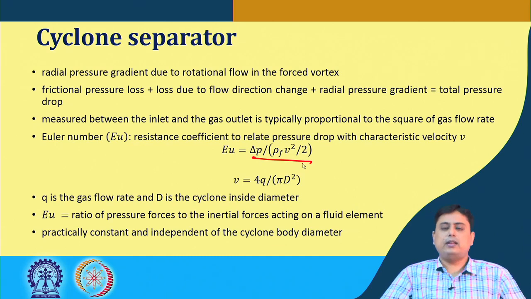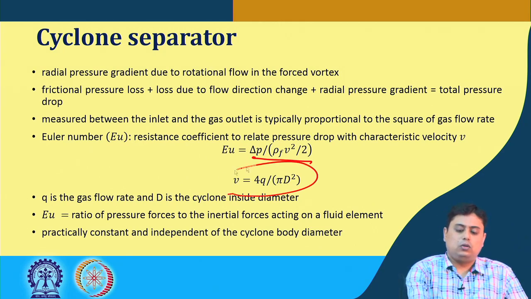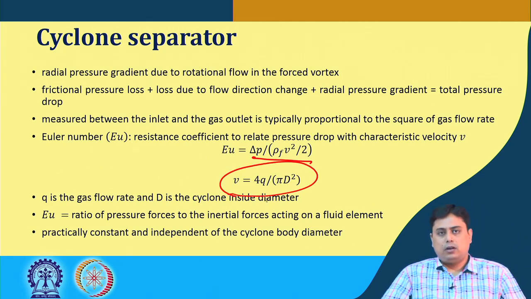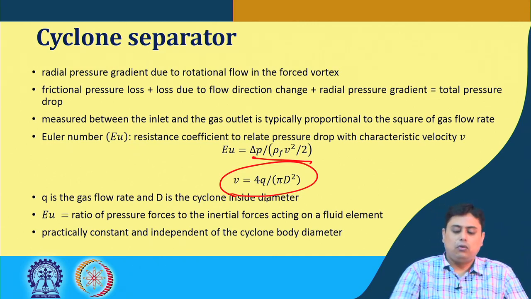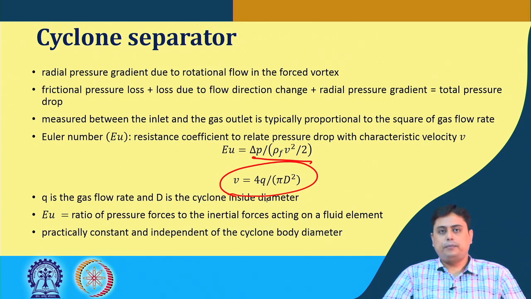and that characteristic velocity can be measured in several ways, but one of the conventional ways is, for the cylindrical or the conical section inlet, 4q by pi d square. That means flow rate, where q is the gas flow and d is the cyclone inside diameter.